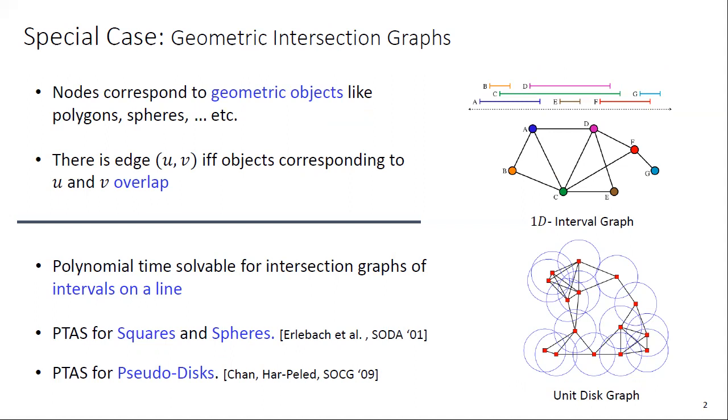For example, you can have interval graphs, which are the intersection graphs of intervals of a given line. For example, this is the interval graph of this set of intervals. You can have unit disk graphs, for instance, which are the graphs obtained by the intersection of unit disks.